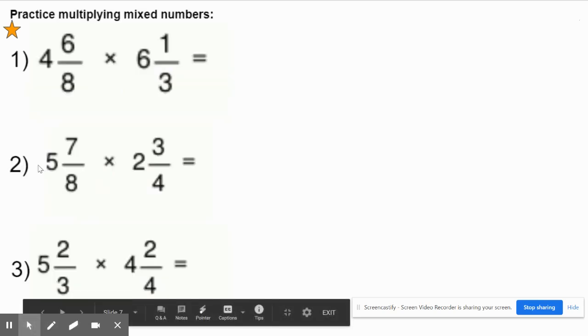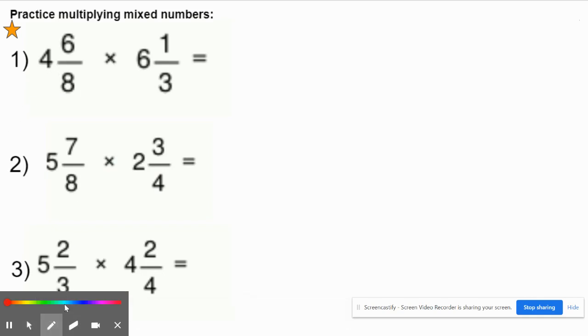It gets a little bit trickier when you include a mixed number. So a mixed number is when there's a whole number and a fraction. The easiest way to do this is the C method. This is where you're going to draw a C, and then you're going to follow the steps.